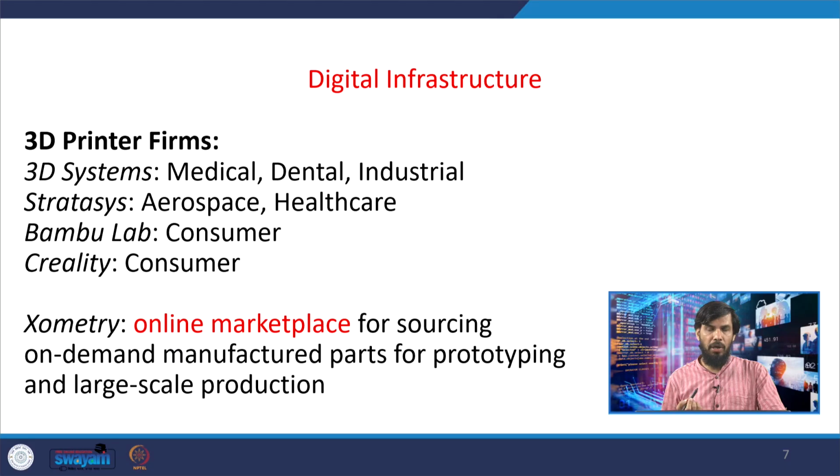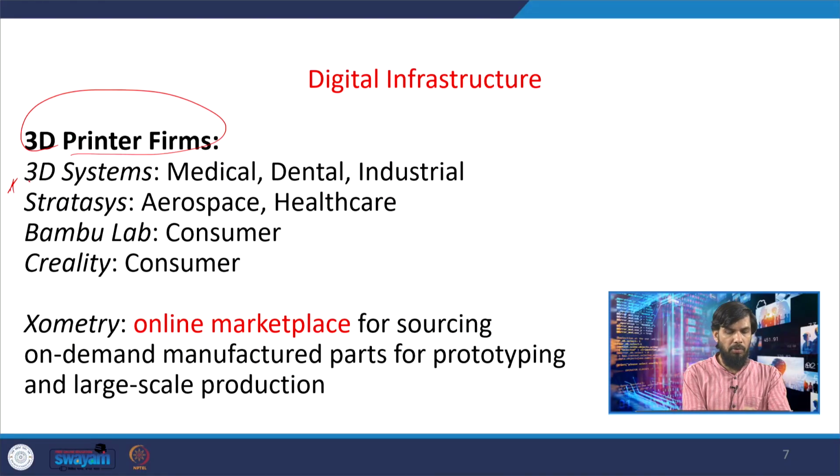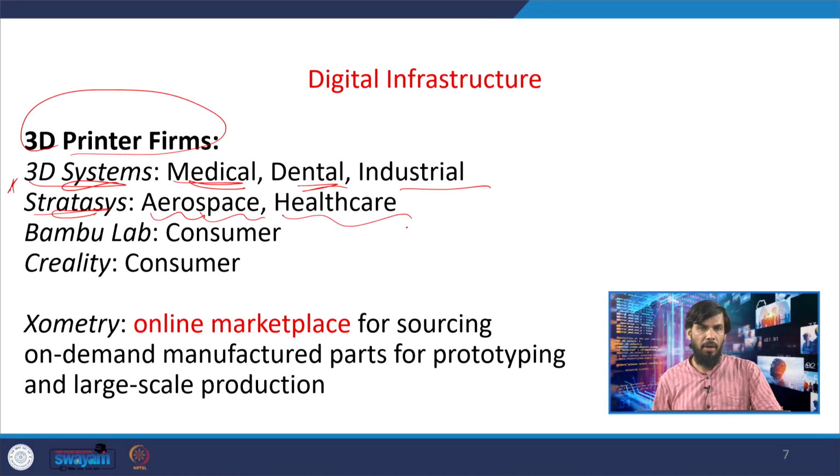Now what are the industrial applications of 3D printers? We can look at 3D printer firms which are providing 3D printers for different industries. The most popular one is 3D Systems, which is mainly catering to medical, dental and industrial use cases. Then Stratasys is there, a polymer firm catering to aerospace and healthcare.